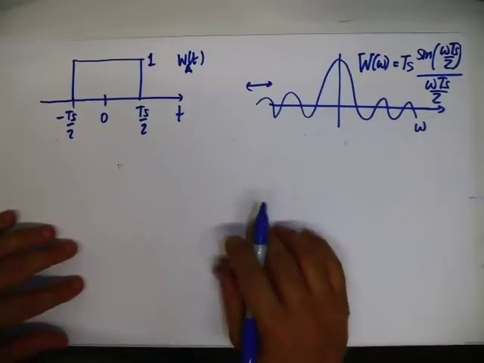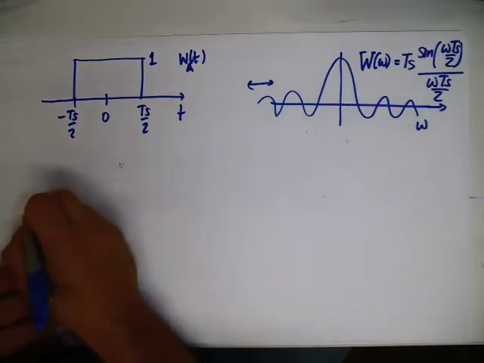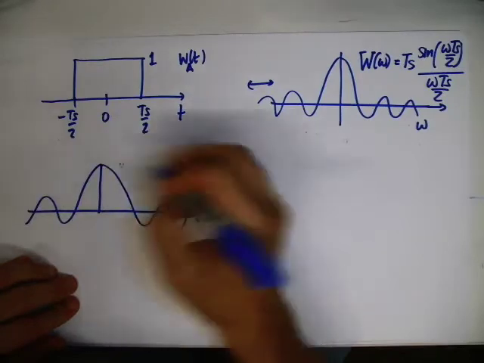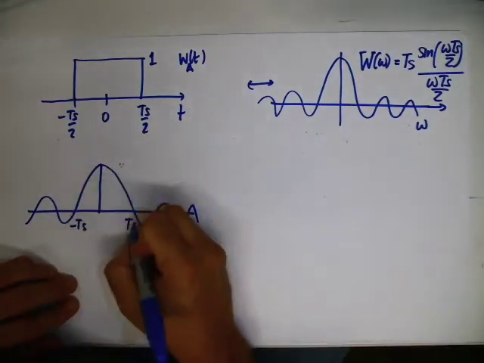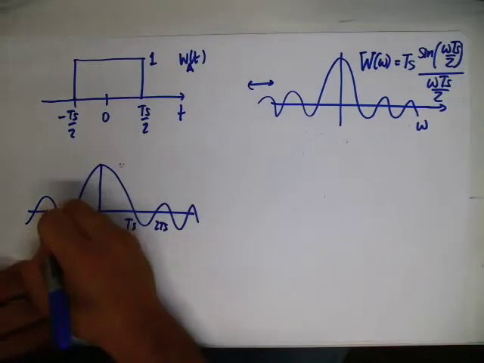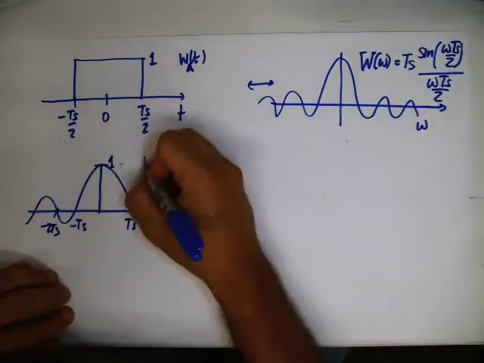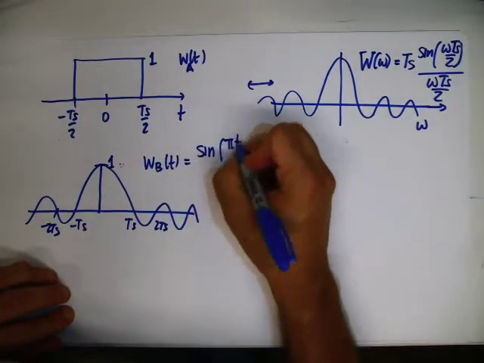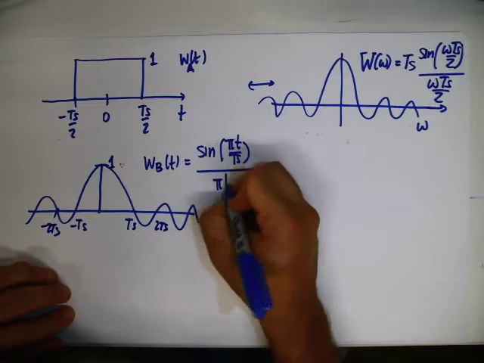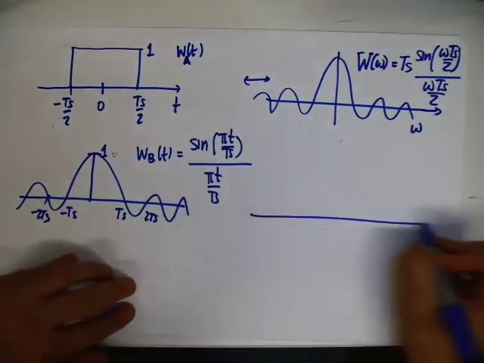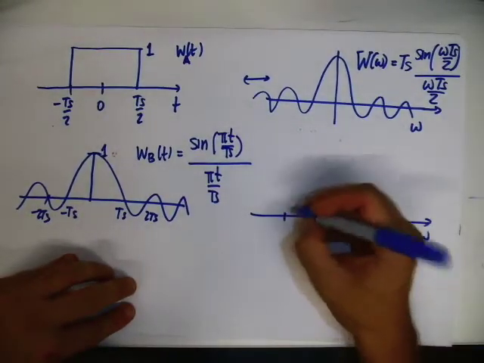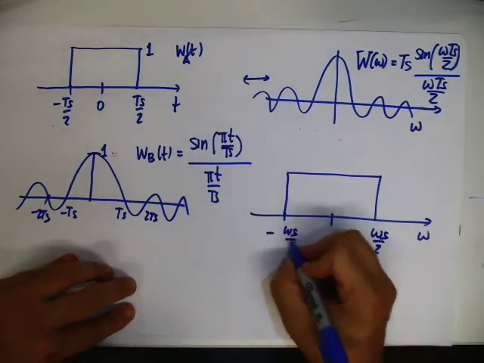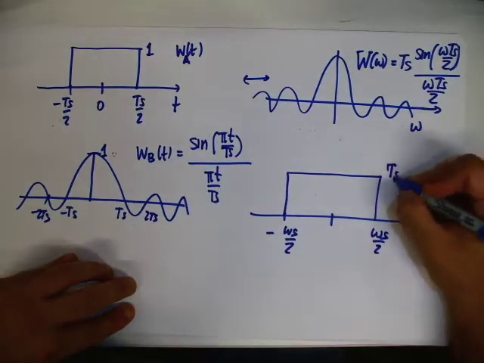Or we can choose a sinc function in time, and the corresponding Fourier transform, we know that is a box of amplitude Ts.